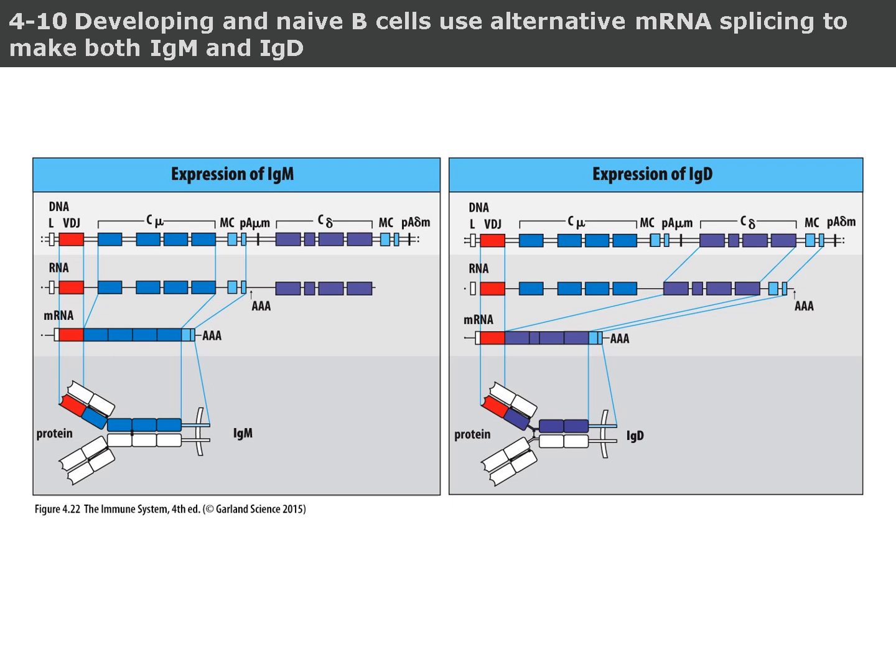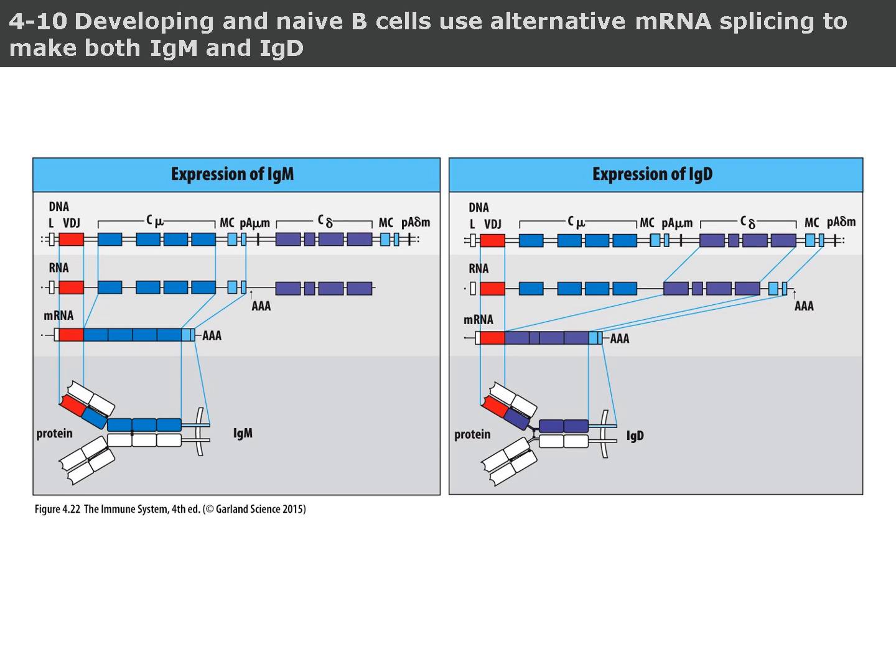On the right, the same VDJ sequence is used to produce immunoglobulin D. However, alternative splicing skips the constant region for immunoglobulin M and includes the downstream constant region for immunoglobulin D. This spliced messenger RNA is translated into immunoglobulin D. In both cases, the variable region remains the same, meaning the antibody recognizes the same antigen.